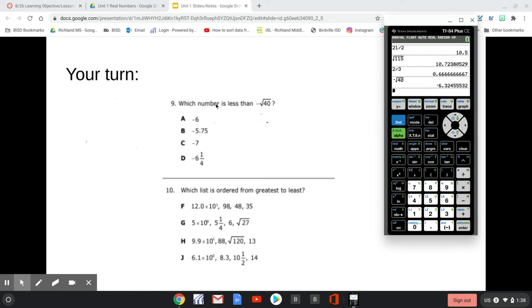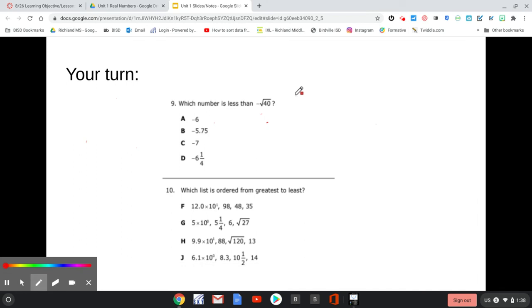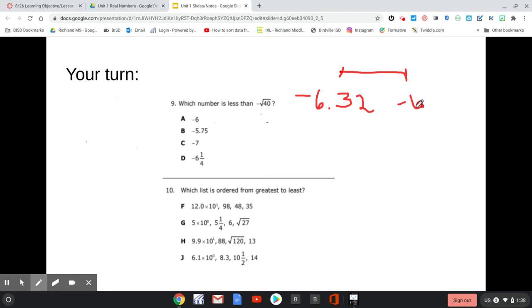And we're looking for a number that is less than negative 6.32. So since it's a negative, we would need a higher negative number to be less than. So on the number line, if this was here, we would know that the negative 6 would be right here. So that's not less than.